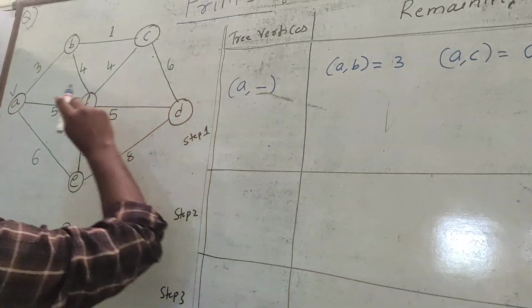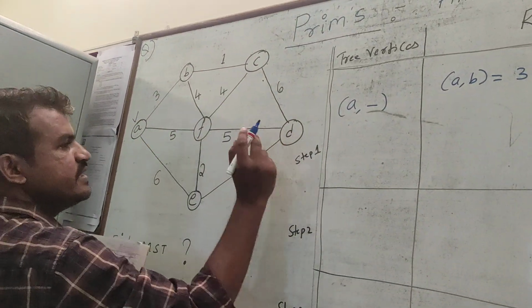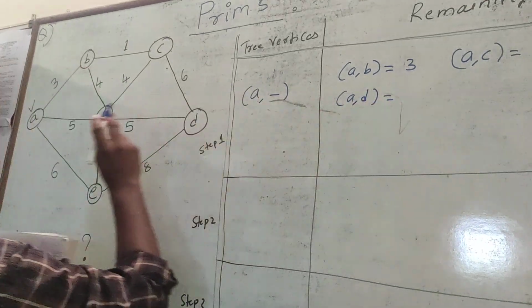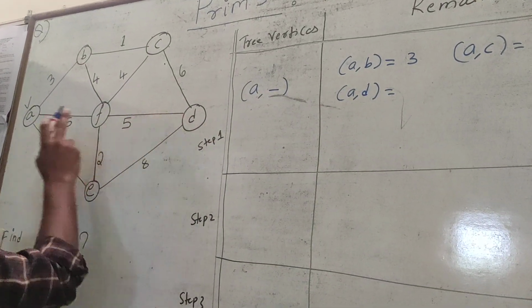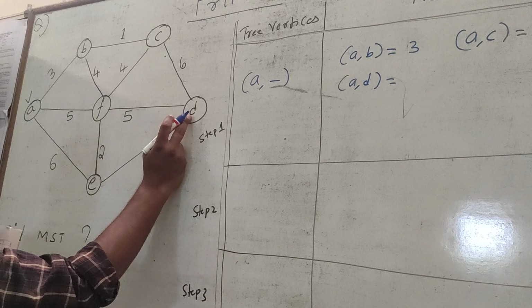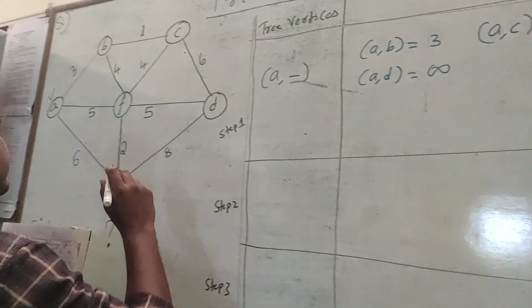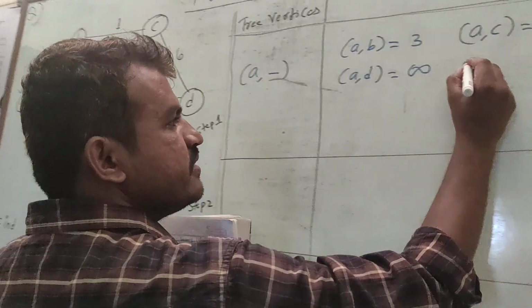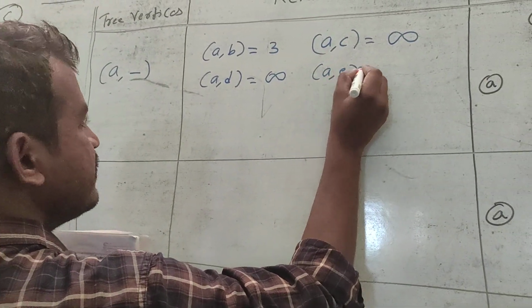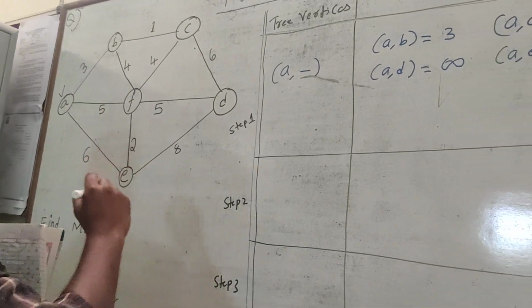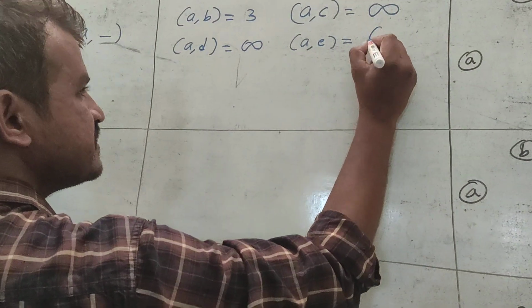Next, A to D. Any straight edge? No, A is not connected directly to D. Then make this one also infinity. Then A to E. Yes, there is an edge, so write 6.